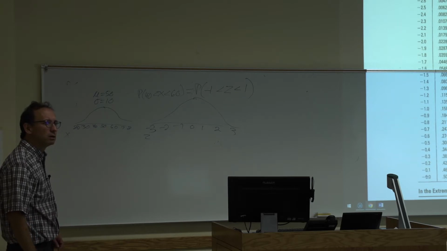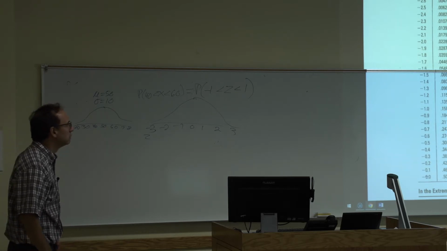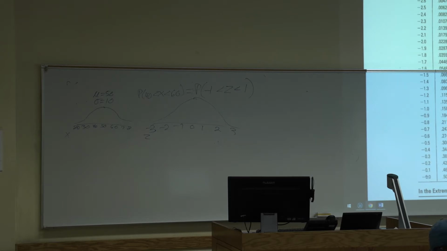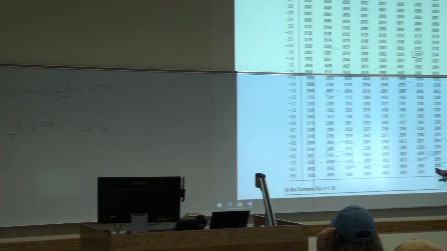So why did you not have to do that for this one? Well, here we don't really know the x value yet. We're trying to figure out this x value such that the area under the curve is 0.39, so we're kind of working backwards here. What we're trying to do is figure out the x value.